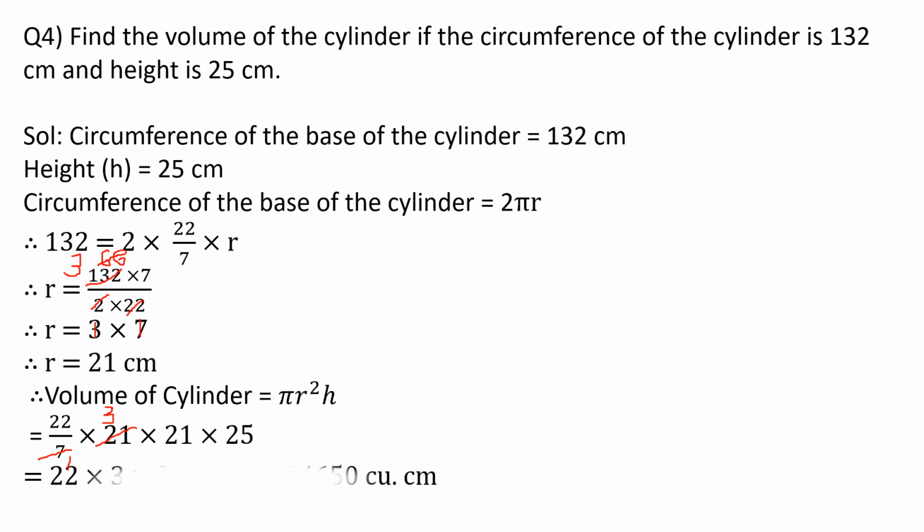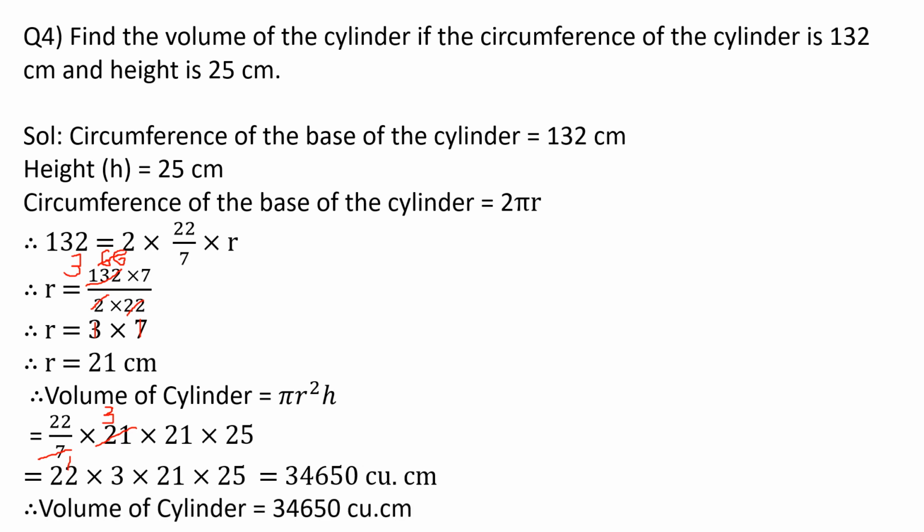Next step, that is equal to 22 into 3 into 21 into 25. If you multiply all these four numbers, you will get 34,650 cubic centimeter. So the final statement will be: volume of cylinder is equal to 34,650 cubic centimeter.